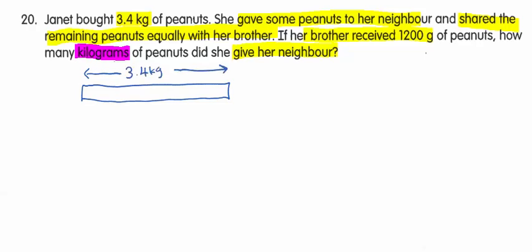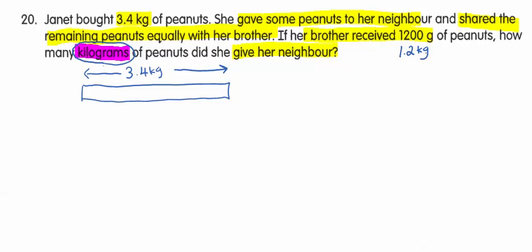Now since I'm required to leave my answer as kilograms, from now on I'm going to work all in kilograms. So if it's given in grams, like 1200 grams, I will immediately change it in my mind to kilograms, which is 1.2 kg. It's easier like that, and I won't forget to convert it at the end of the day.